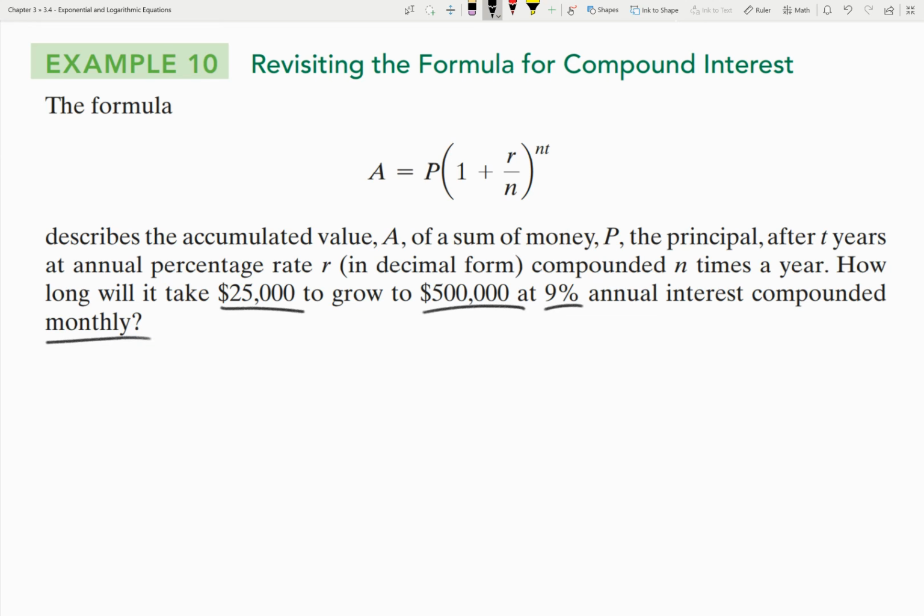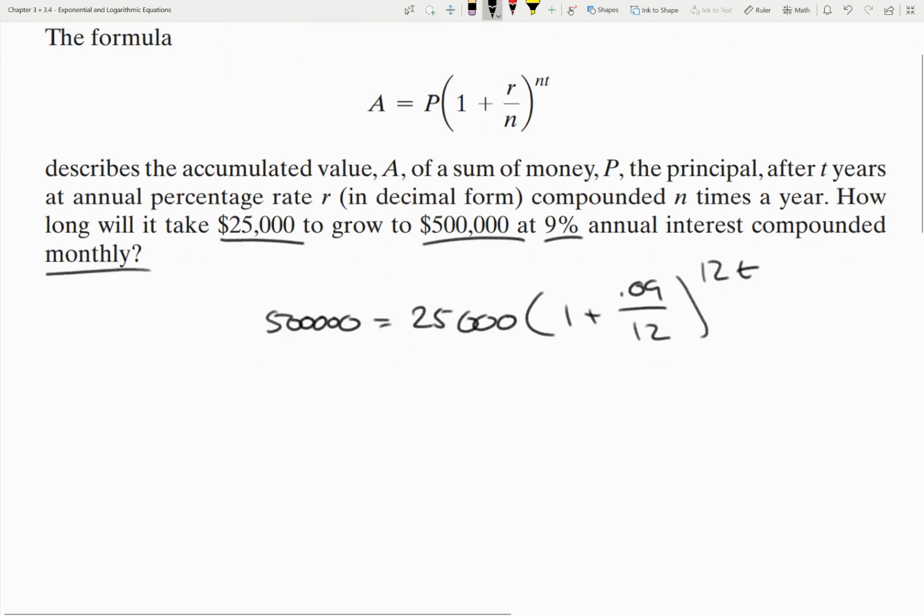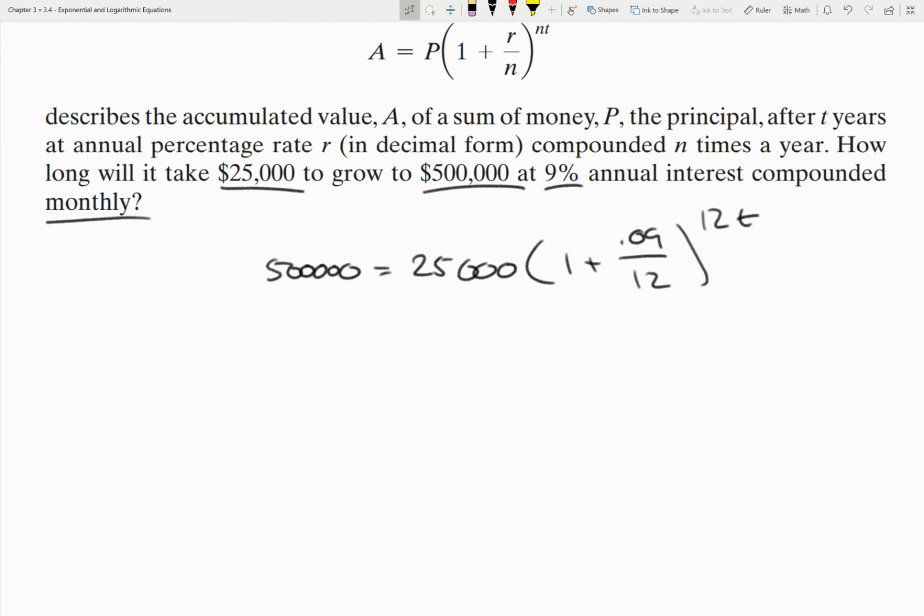So we want 500,000. We're going to start with 25,000 times 1 plus 0.09 over 12, compounded monthly, to the 12t power, because I want to know how many years this is going to take.